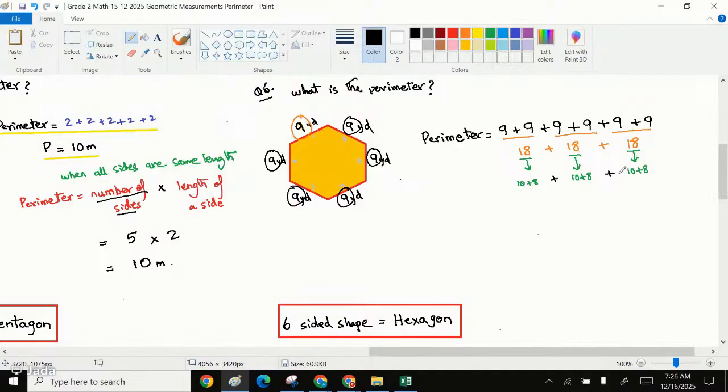So if we add 3 tens together, 10 plus 10 plus 10 would be 30. And let's add the 8s, 8 plus 8 plus 8.